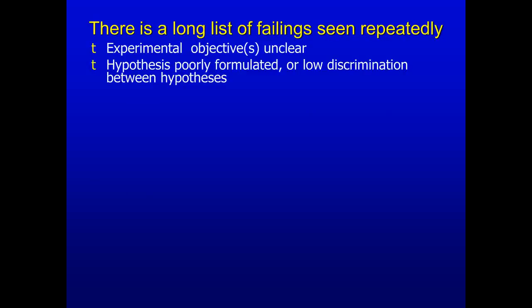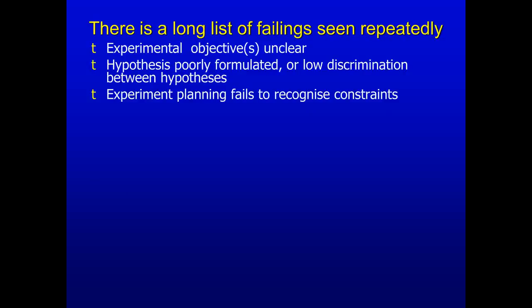And if you look at the sort of failings that you can see: experimental objectives unclear, poor hypothesis, you don't get the constraints, you forget that there's only a period of time that you can do things over, but you're going to take a period of time to actually get an output, and you may not have the technical capacity to get it within that time.